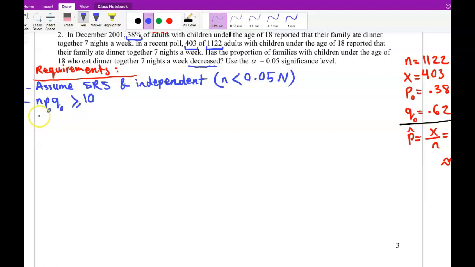Back to here, n is 1122, p0 is 0.38, q0 is 62%. So this is equal to 264.3, and this is greater than or equal to 10, so this is correct.